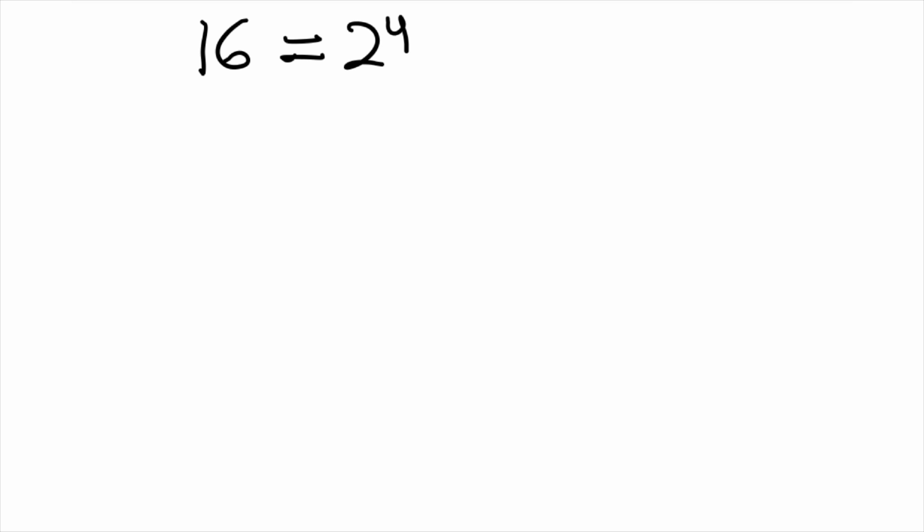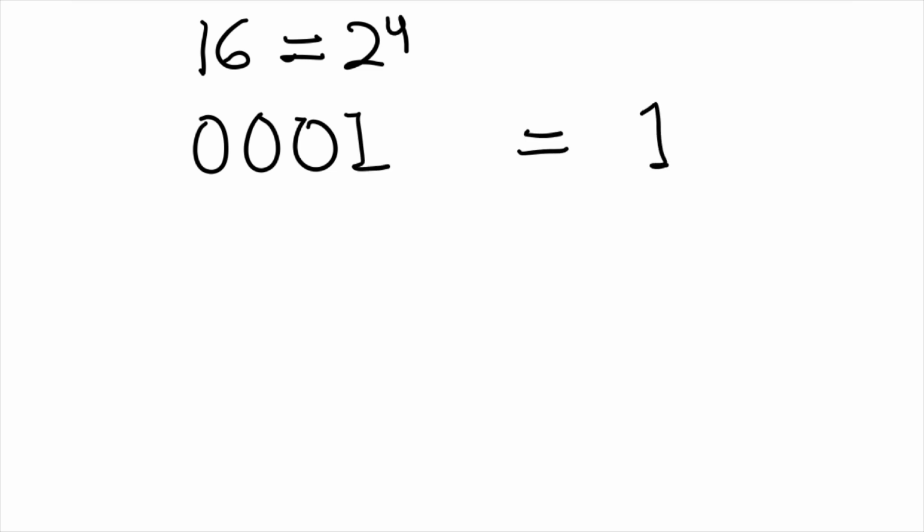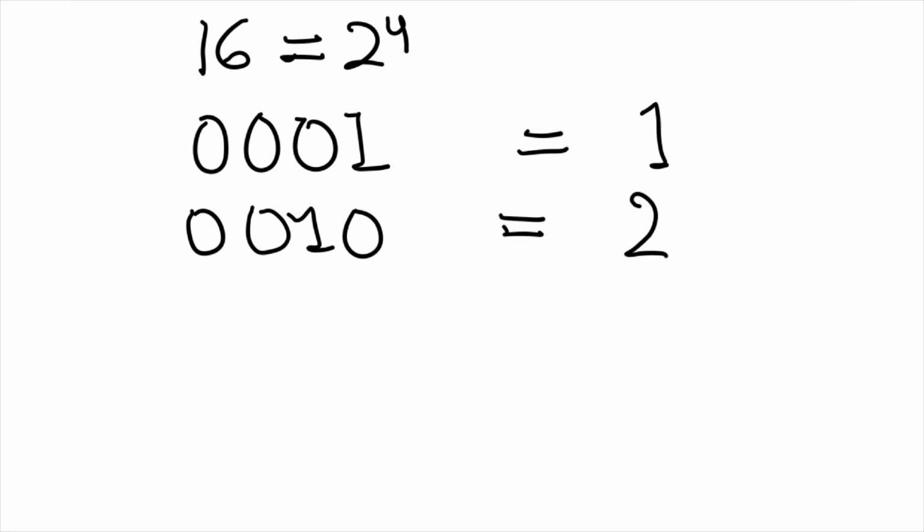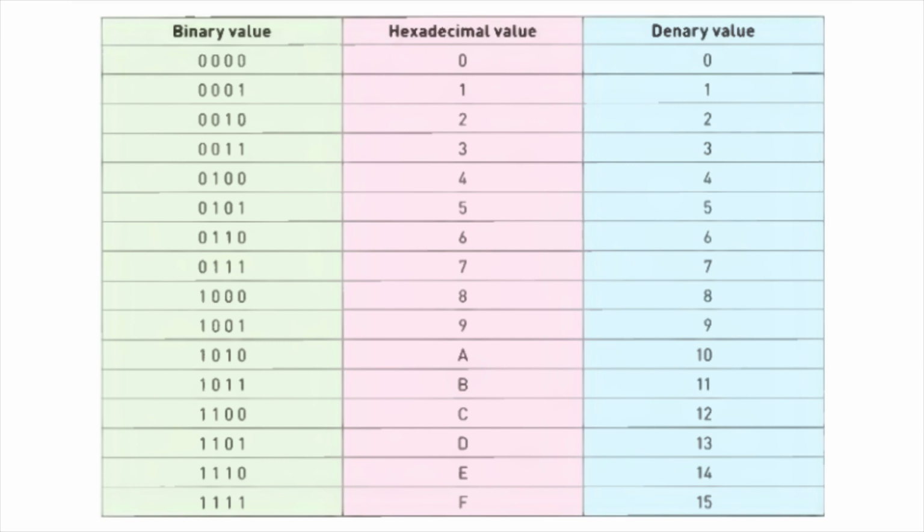So for example, the binary value 0001 is represented by 1. So 4 binary digits are equivalent to 1 hexadecimal value. The same goes for 0010, which is represented by 2 in hexadecimal. So here's a table that summarizes the link between binary, hexadecimal, and denary values.